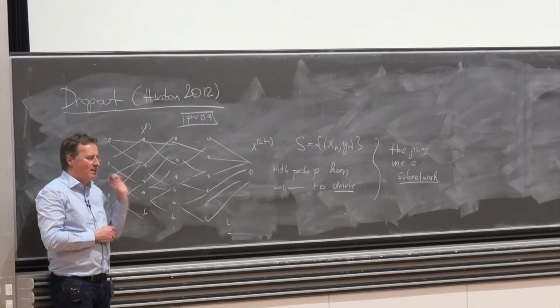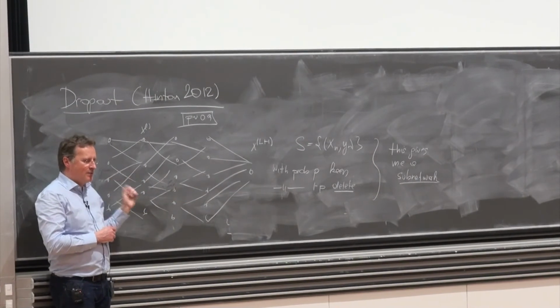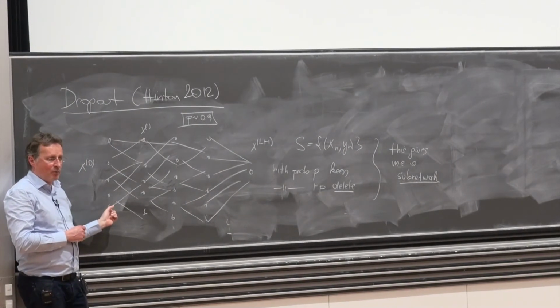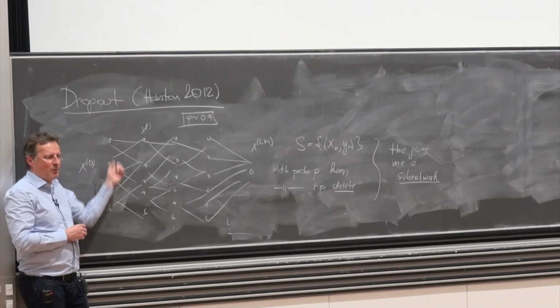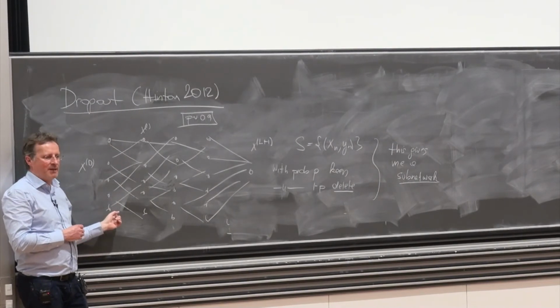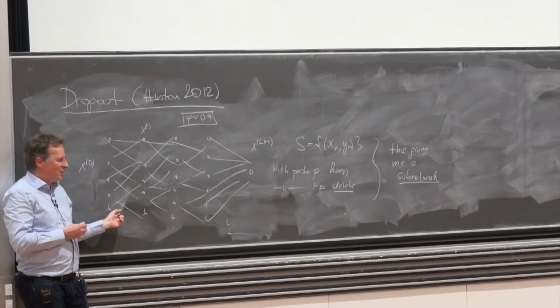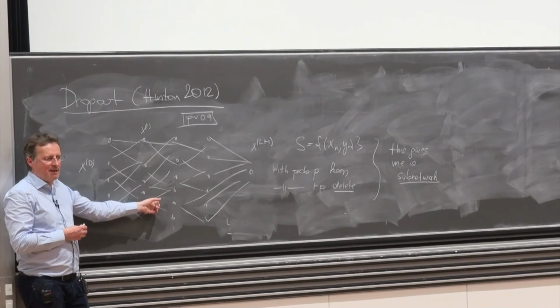The simplest one is one probability, and you typically have a different probability of eliminating the original input nodes, because these are more important. Typically you don't throw away a lot of the input nodes, because that really throws away information, and often you have a larger probability of throwing things away inside. But again, it's just a parameter that you would use for training.